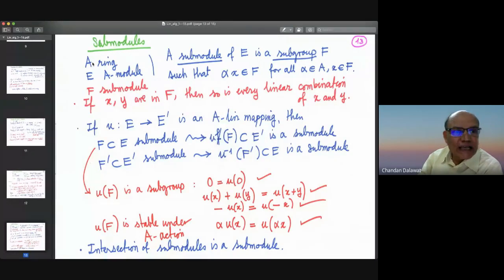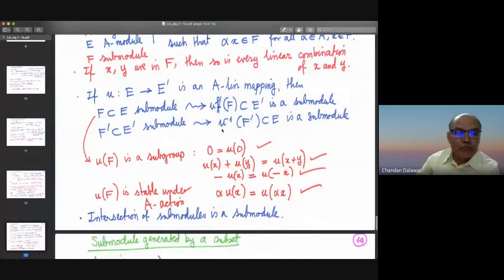So if you have a ring A and an A-module E, a submodule is a subgroup F of E, such that alpha times x is in F whenever alpha is in A and x is in F. Okay, so in other words, if you have two elements in a submodule, then every linear combination of those two elements is again in the submodule.